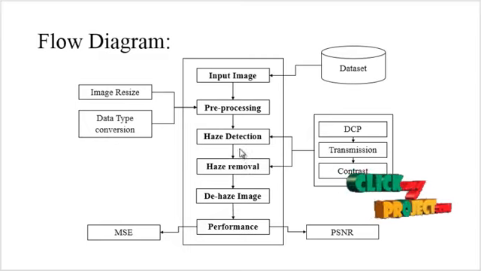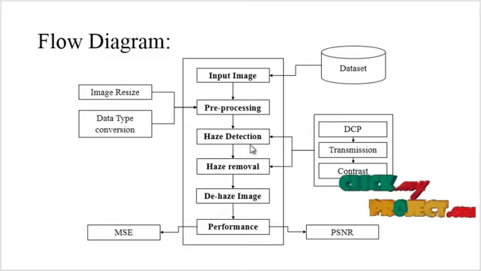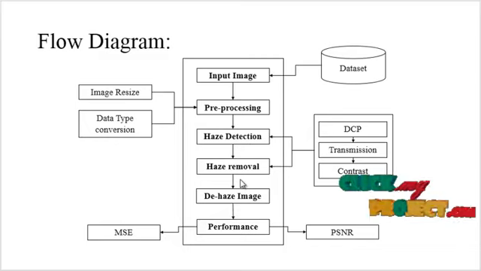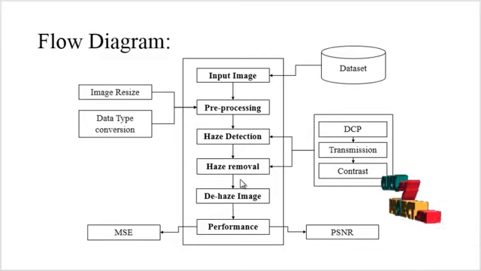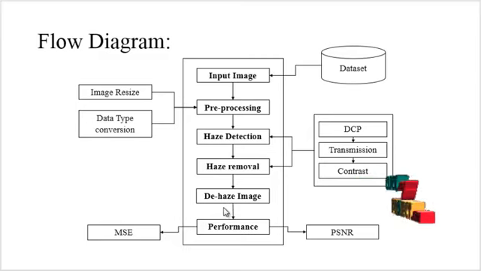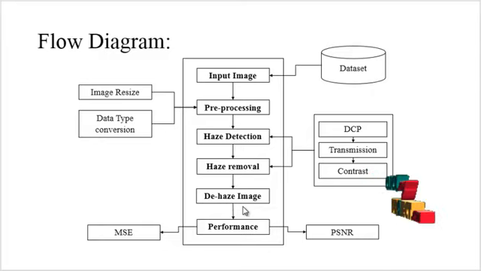First of all, I will explain what haze detection is. In haze detection, we have to detect the pixels which consist of the hazy regions. After that, haze removal consists of the steps to remove the hazy pixels and retain the original pixels with higher quality. The output of the haze removal will be the de-haze image. In this de-haze image, only the pixels having the required values will be there.